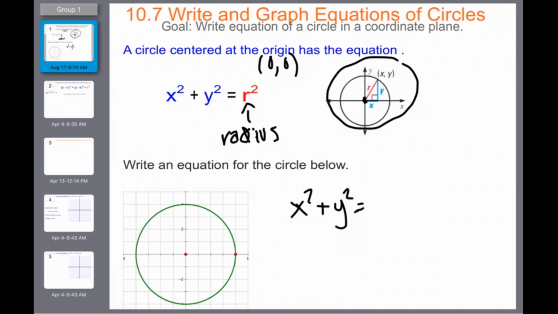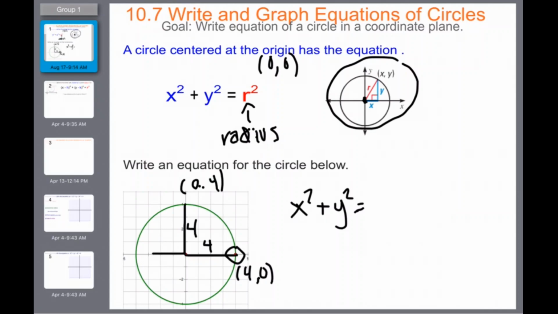We can go from the center to the right, because here it ends at the point 4, 0. That means our radius, our length here, is 4. The same if we go up instead: that's the point 0, 4, and the distance here is also 4.